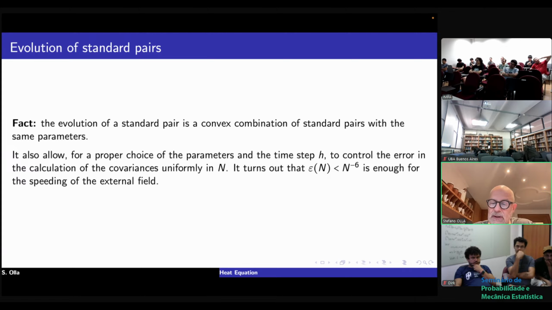So you can actually restart things. So this allows, for a proper choice of the parameter of this time step h, to control the error in the calculation of the covariances uniformly in n. You have to choose epsilon small enough, that means you have to speed up the maps fast enough in order to control this error.